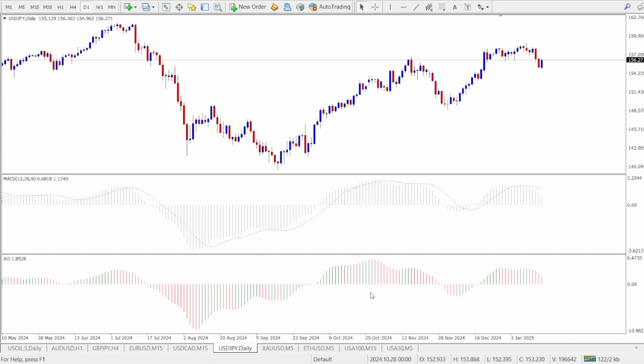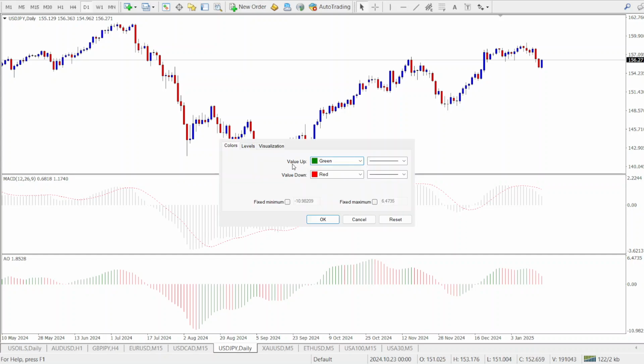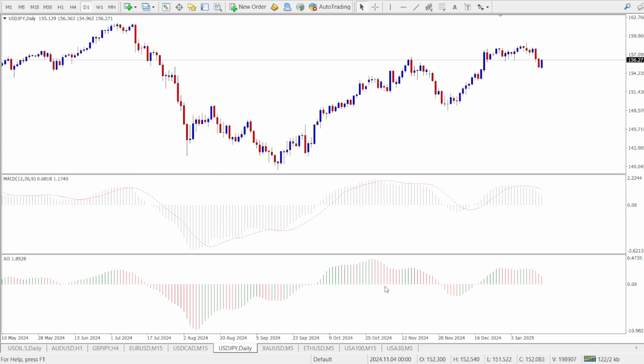Now let us talk about the Awesome Oscillator. The Awesome Oscillator compares the 5 period simple moving average with the 34 period simple moving average. Both of them are calculated on the median line. Just like the MACD, the Awesome Oscillator is also displayed as a histogram, but without a line like this moving average line.